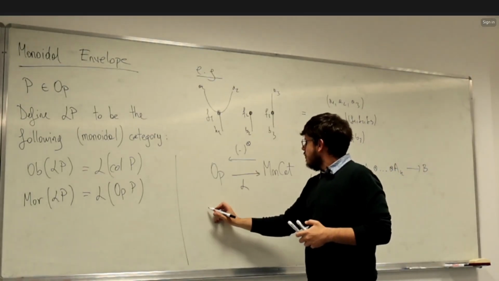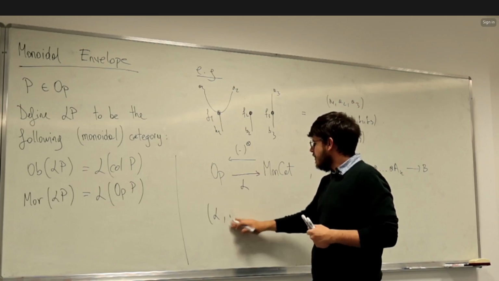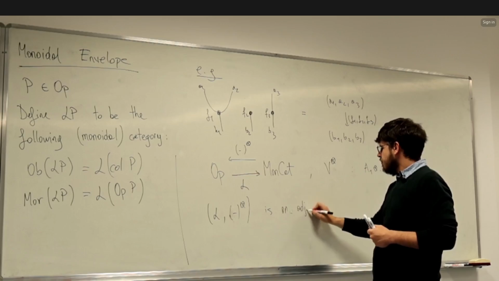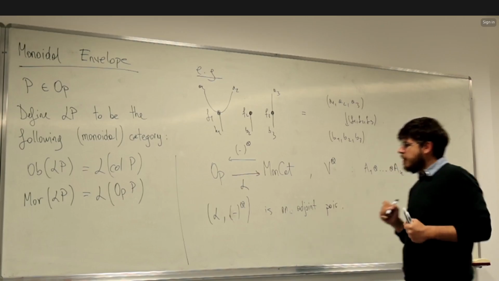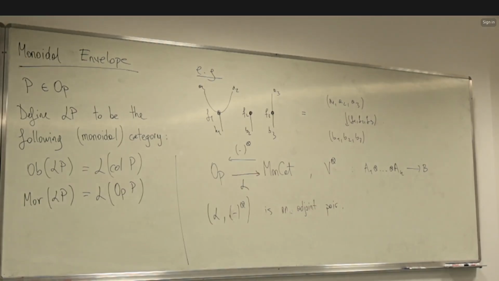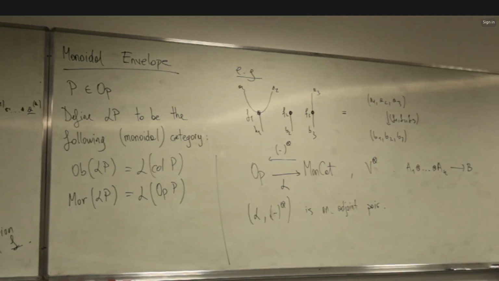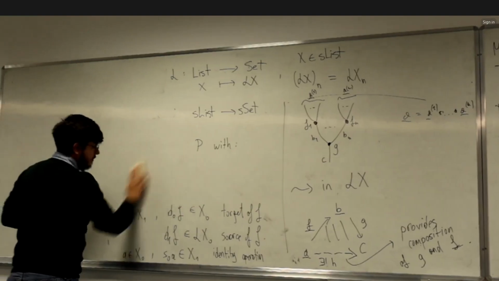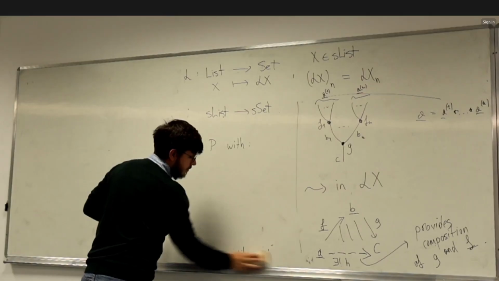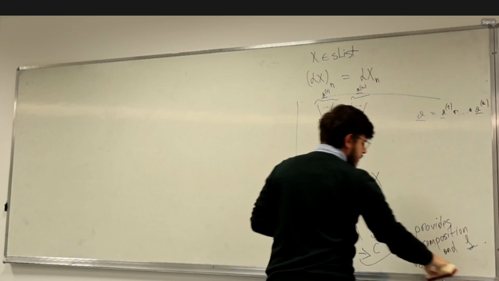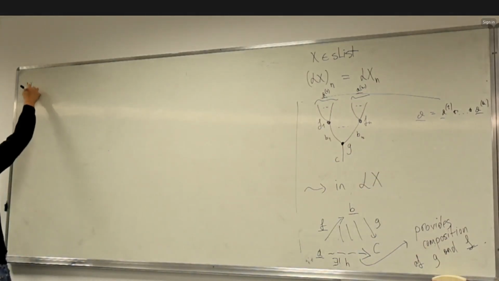So L and this is an adjoint pair. And what we get is the following.